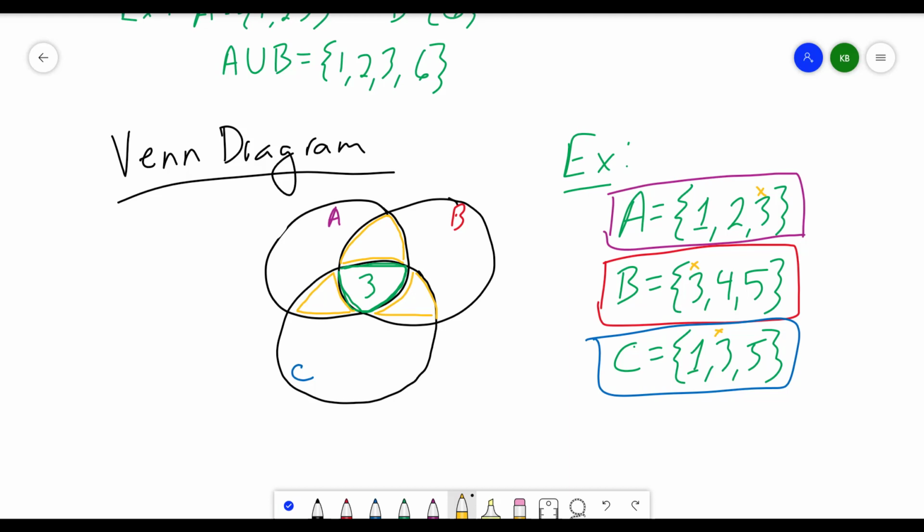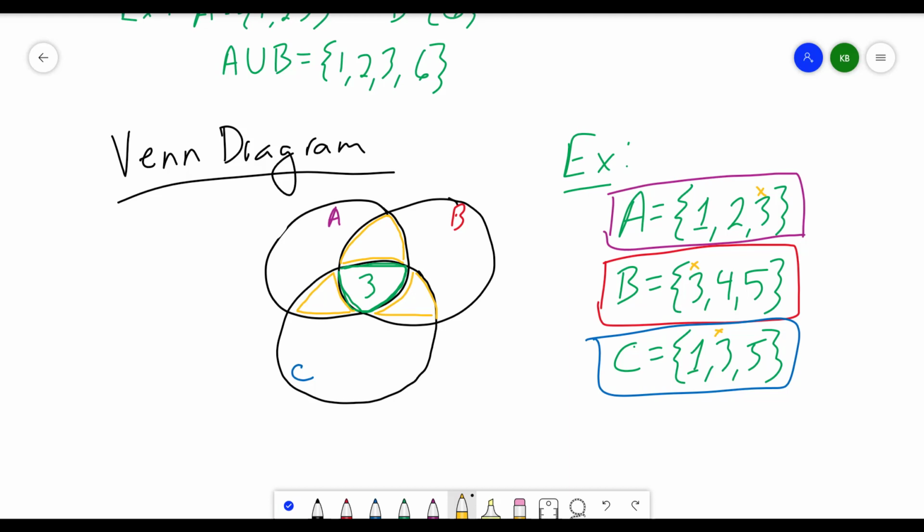This region right here is shared by A and B, but it's outside of C. So I'm going to look and see if there are any elements that are in A and B, but not in C. And I don't have any of those. So there's nothing in that region, so I leave it completely blank.